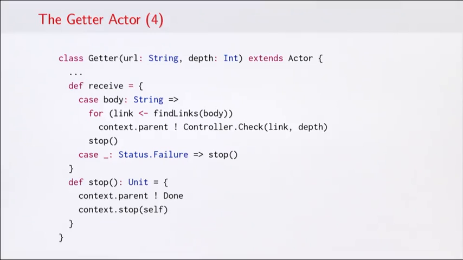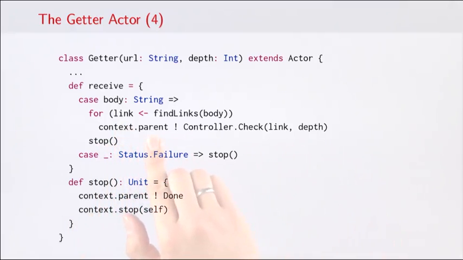Now that we have arranged for the data to arrive at the actor, we need to write down its behavior, what shall happen in this case. If we get a string, which is the body, then we use our findLinks method to get an iterator of all the links, and for each of those links, we send them in the message.